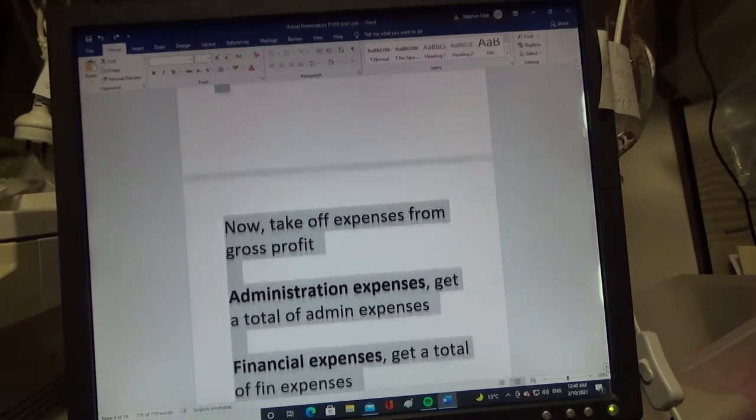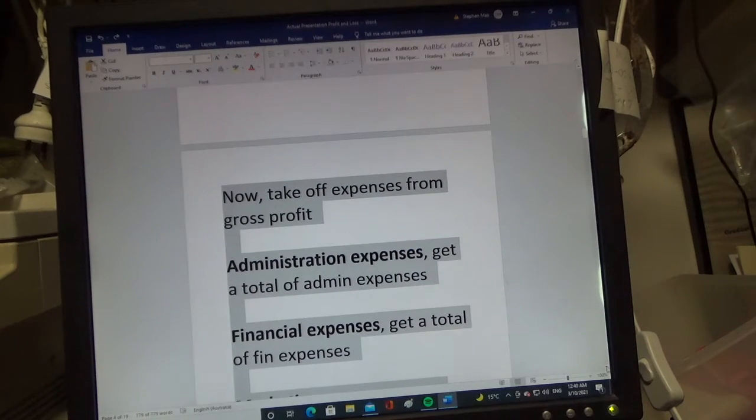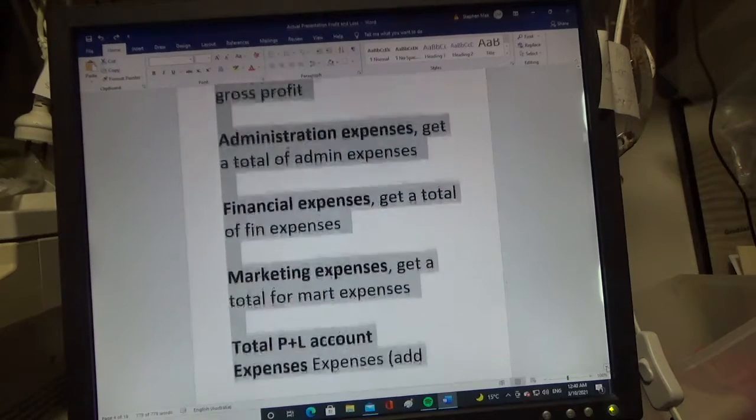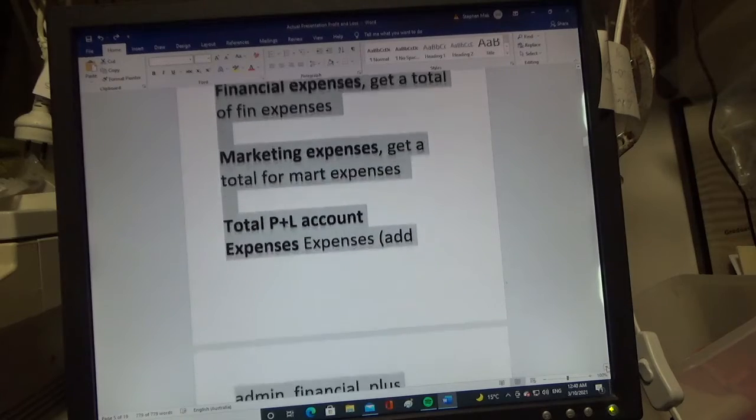But in our case we had a loss, and this has been happening in the COVID economy, where businesses are subject to lockdowns and cease trading. So be clear about the categorization of whether an expense is admin or financial or marketing; sales is fairly easy to recognize.